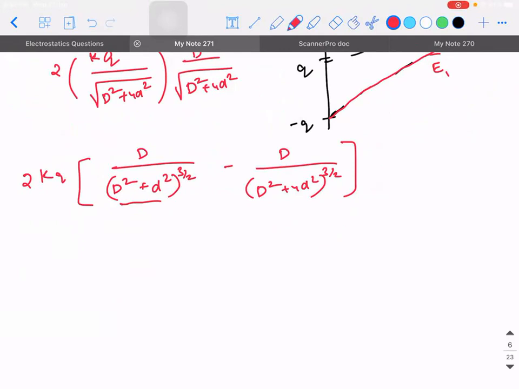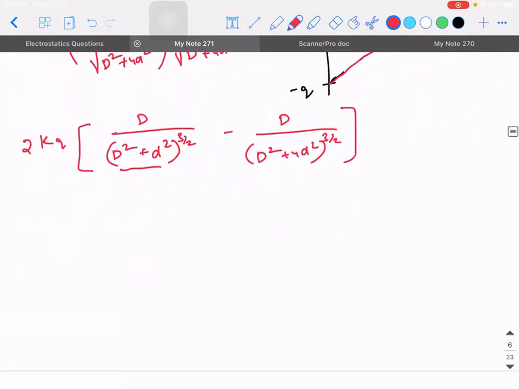So what we need to do is take out the bigger variable. Out of D and small d, capital D will come out. So 2KQ divided by, if I take out D square outside, what is it going to come out as?